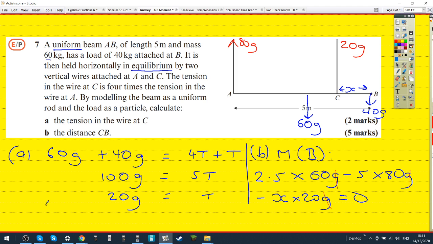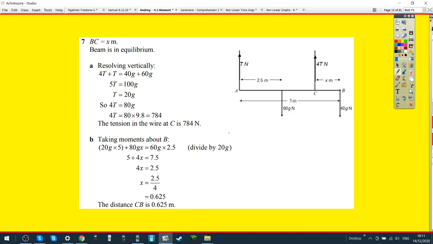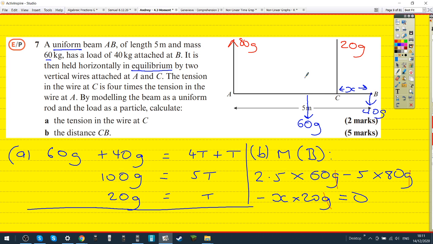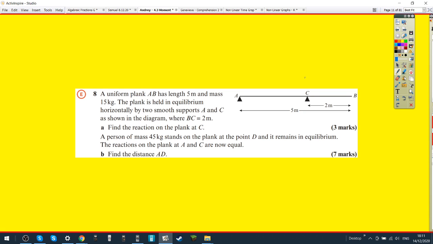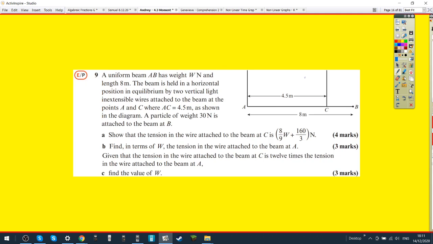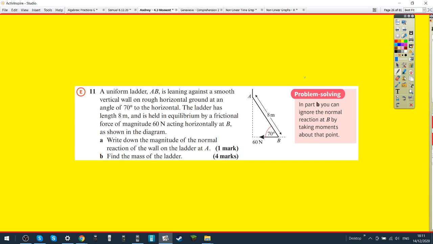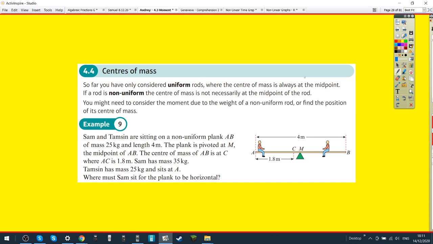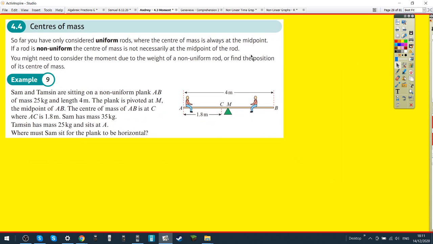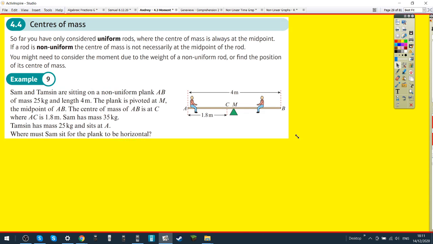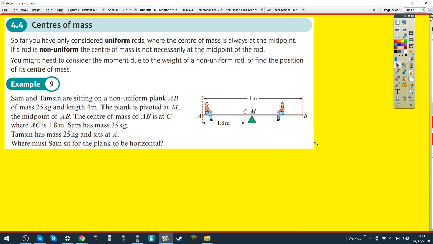Oh, if I can put that into my calculator. It was 0.625.